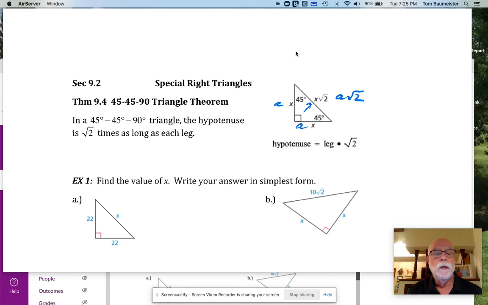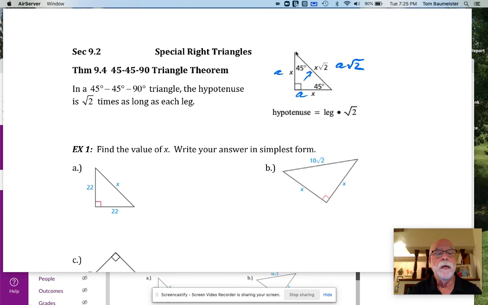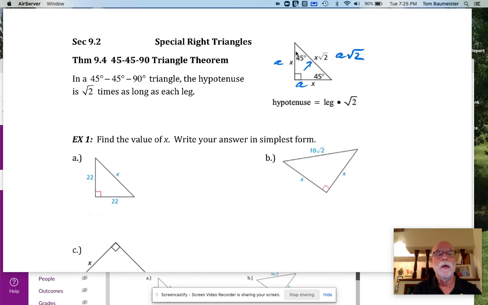All right. So on the first one here, example 1, it says find the value of x and write your answer in simplest form. Since they gave me an x, I'm going to use a. I hope you don't mind.